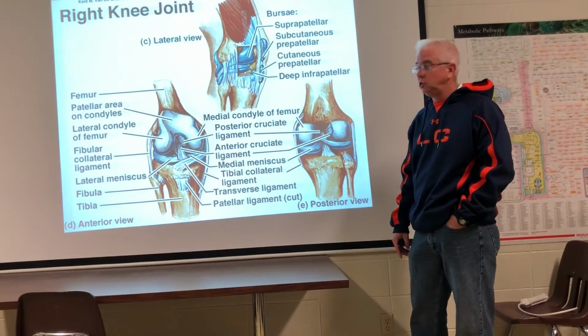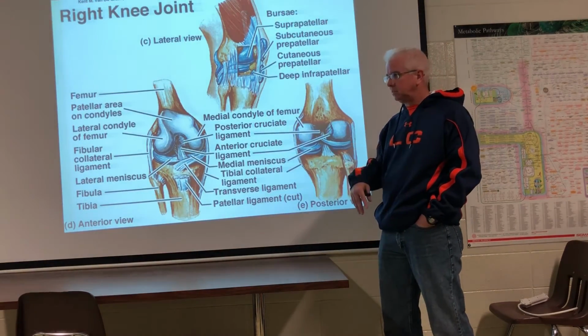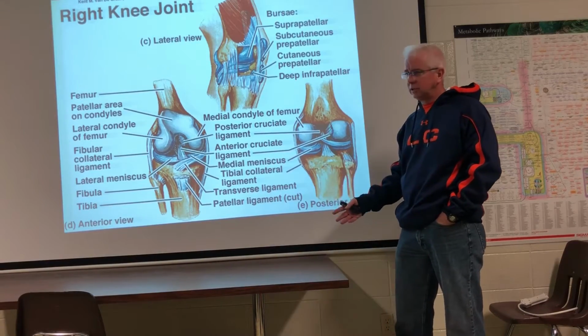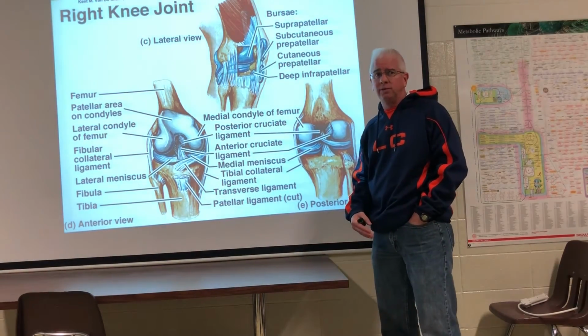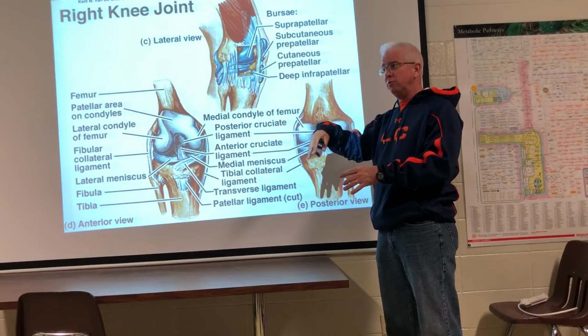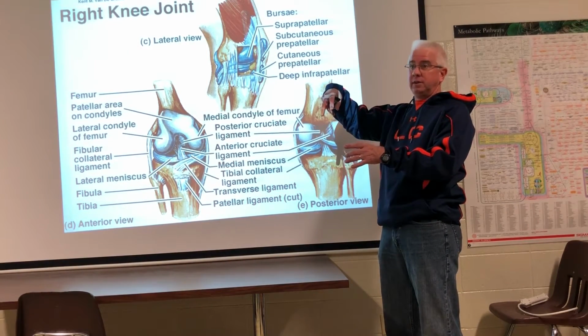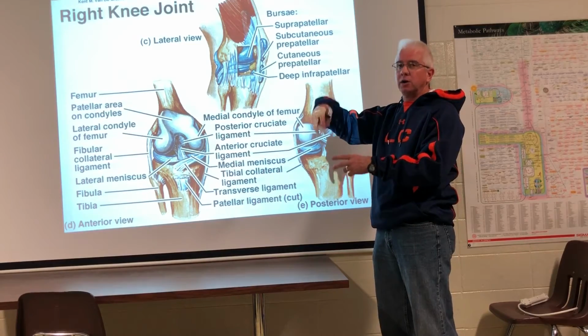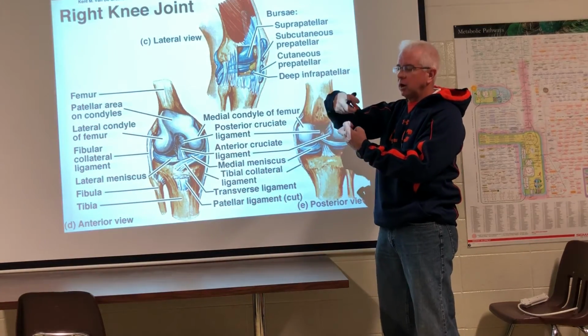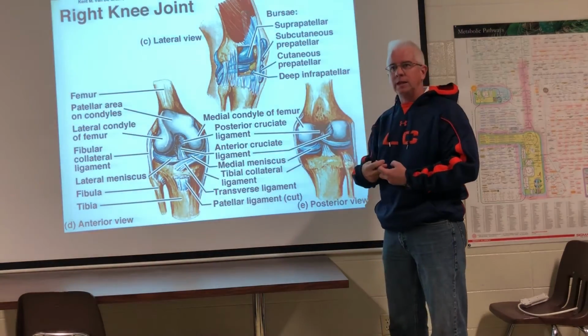So if you damage an LCL or an MCL, or even a cruciate ligament, a lot of times when you damage one of these, you have moved the condylar surfaces of the femur off the condylar surfaces of the tibia with the injury.